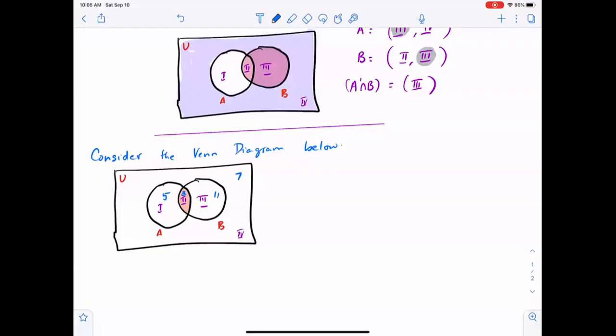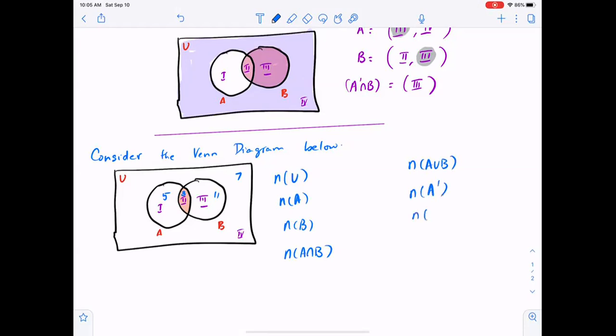We are going to write the cardinality of the sets. So there are a couple of ways to do this.